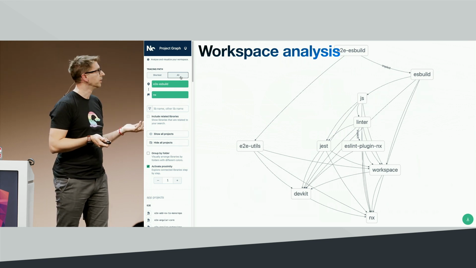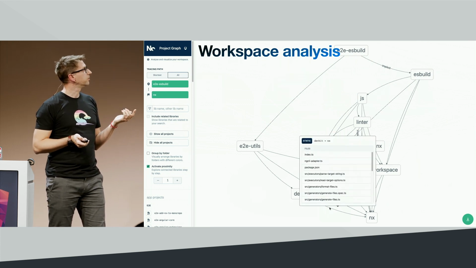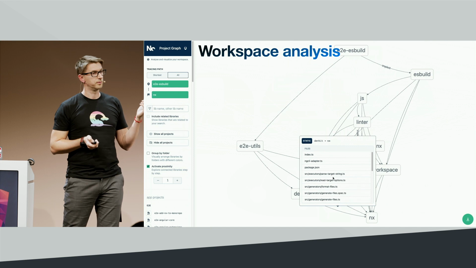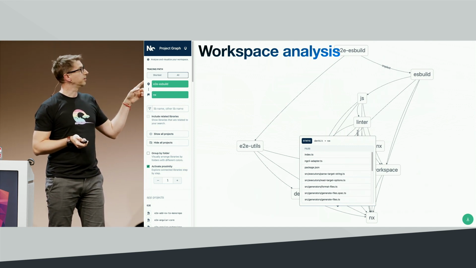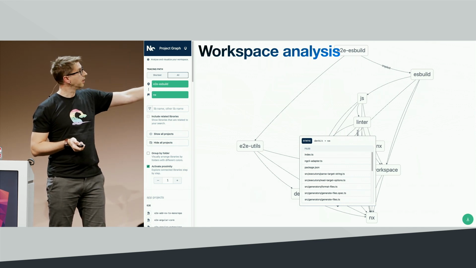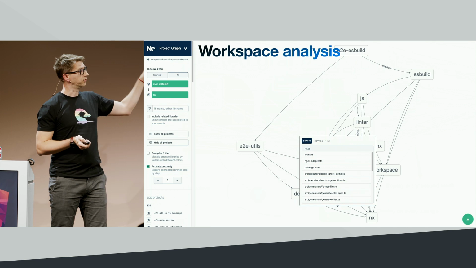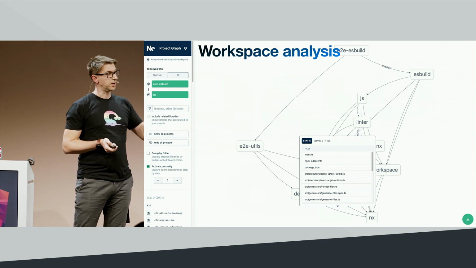If we click on these vertices, we can actually see what files are involved in these links. So we can see here that between devkit and NX, there's a connection, and all these files here are importing NX from the devkit. So you can always trace the steps of how things are connected.